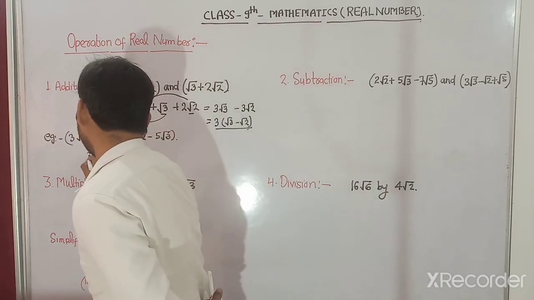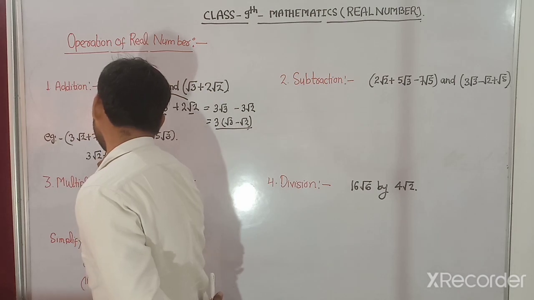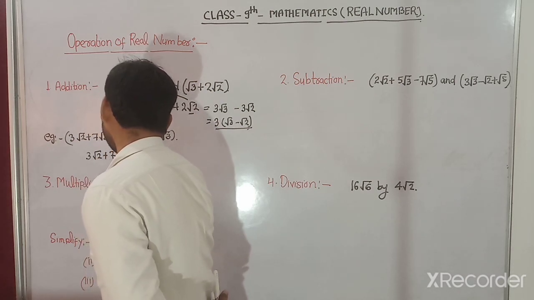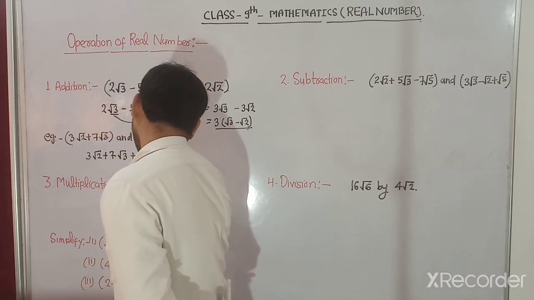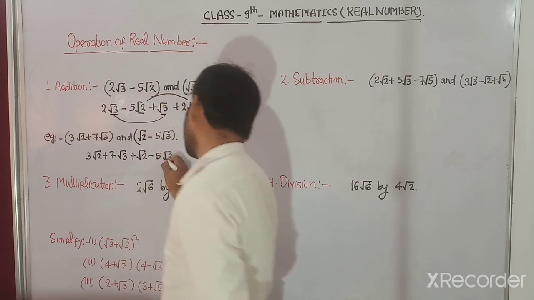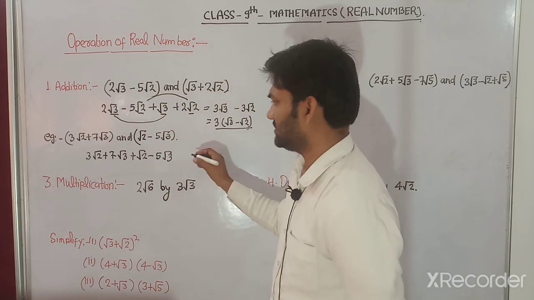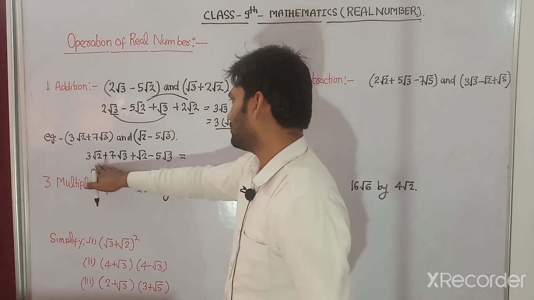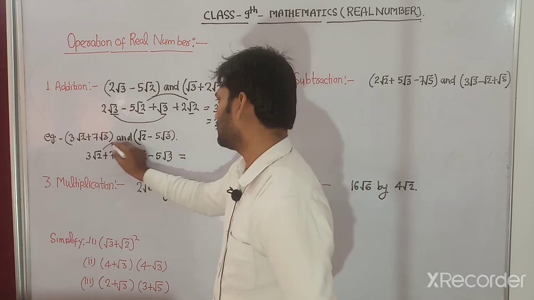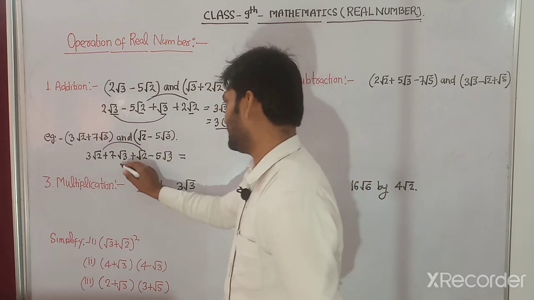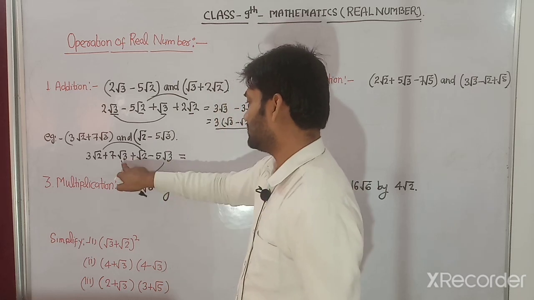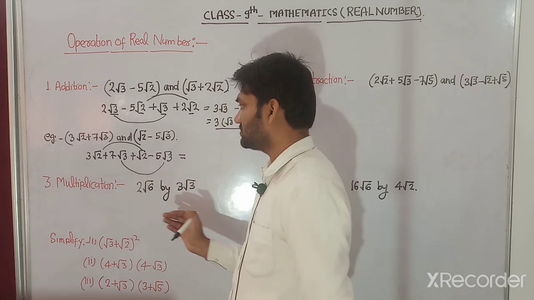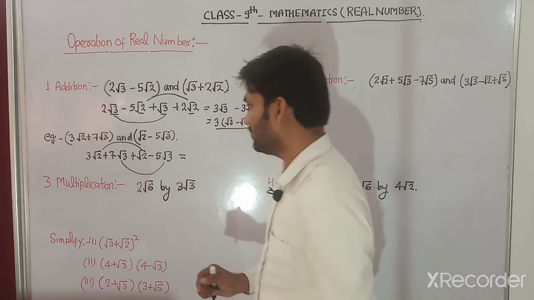3 root 2 plus 7 root 3 plus root 2 minus 5 root 3. Same pattern, simplify the question again. Root 2 and root 2 are like terms, and root 3 and root 3 are like terms also.